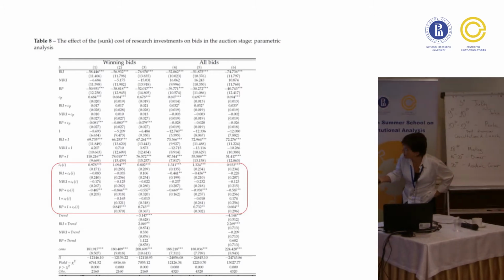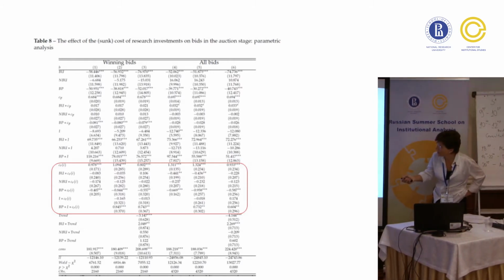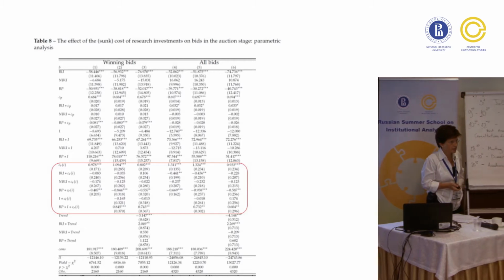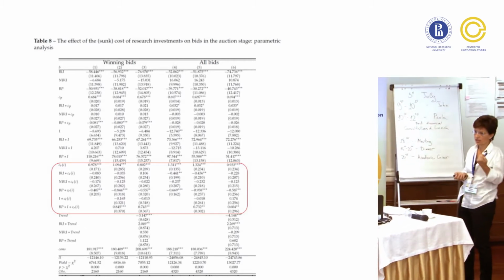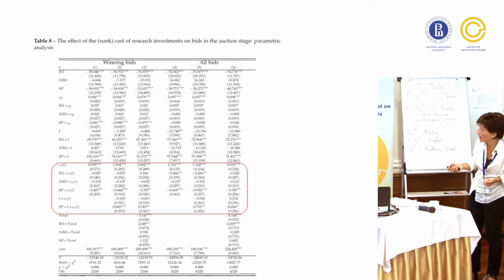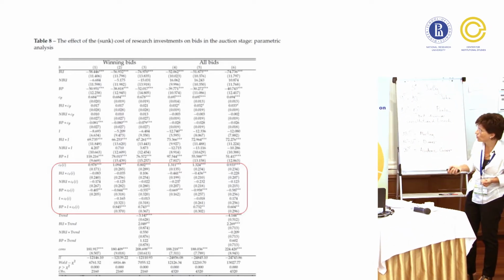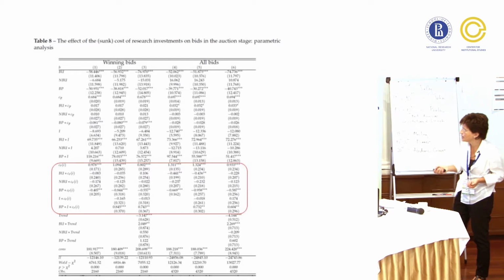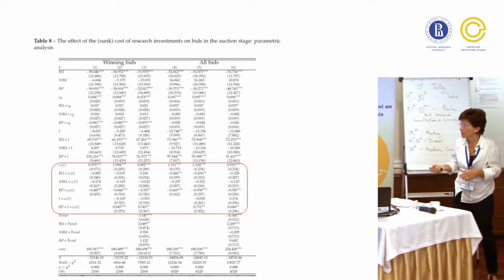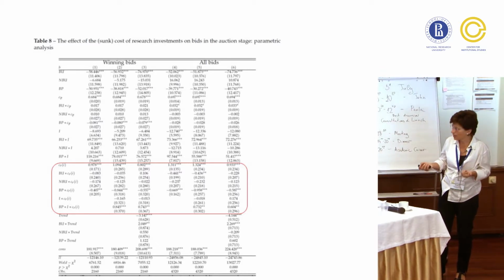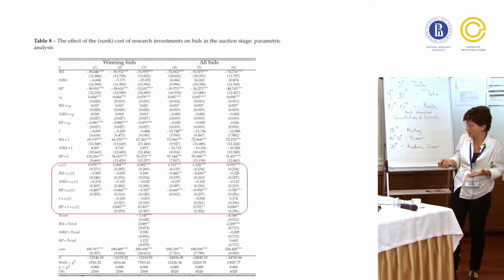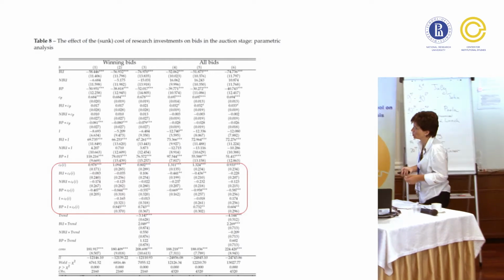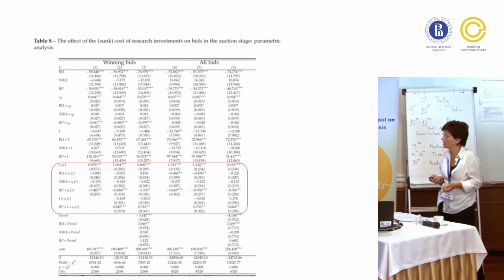So we did the same regression, including the cost of investment that the bidders made in the previous stage. And you can see that this is highly significant for all the treatments, and it is also significant when you interact the treatment with the position of being innovator and this cost which you had in the previous stage.